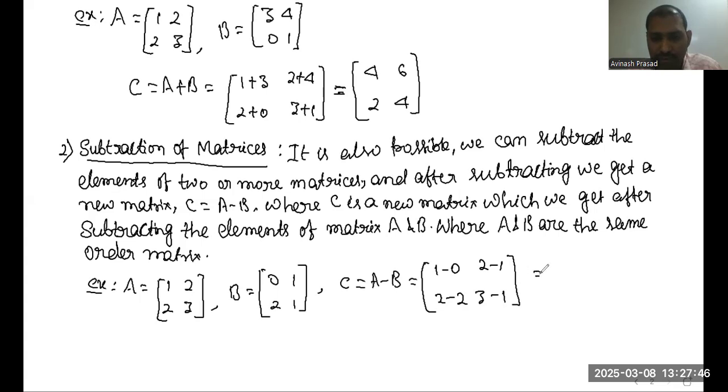So after subtracting, we get a new matrix whose elements are 1, 0, 1, 2.